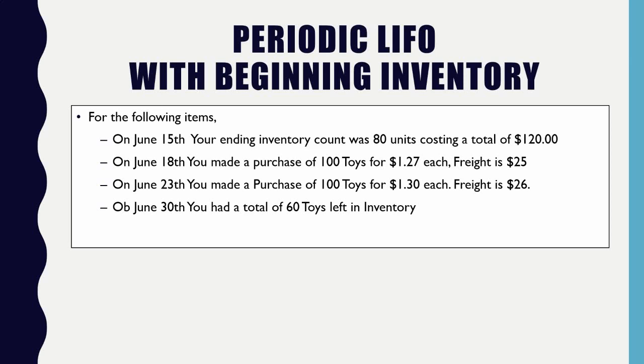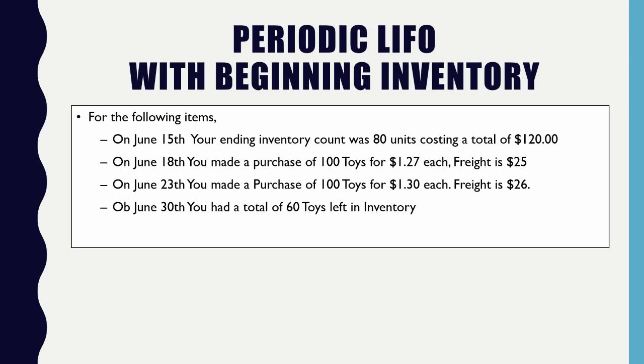We're going to plug that into our beginning inventory and treat it as part of how many goods we actually have available to sell. We also made a couple more purchases of extra inventory. On June 18, we purchased another 100 toys at $1.27, and on June 23rd, we purchased an additional 100 toys at $1.30.